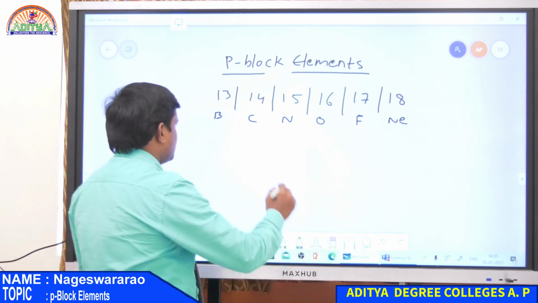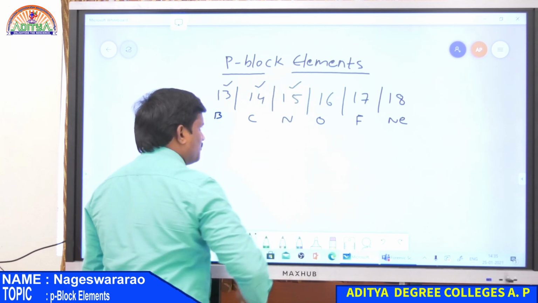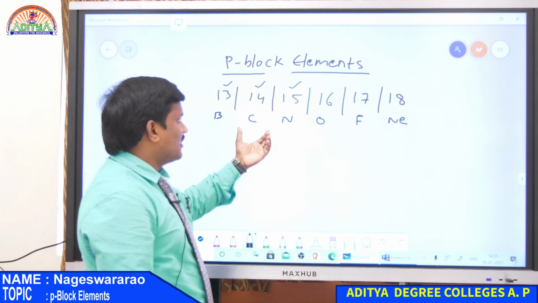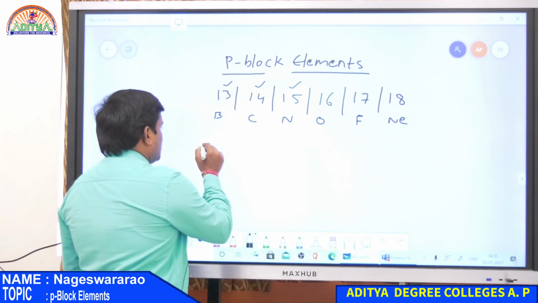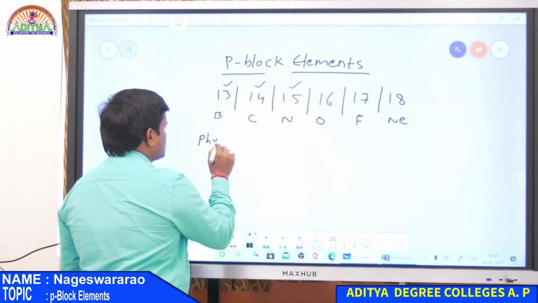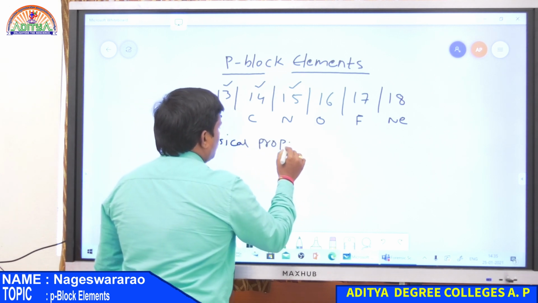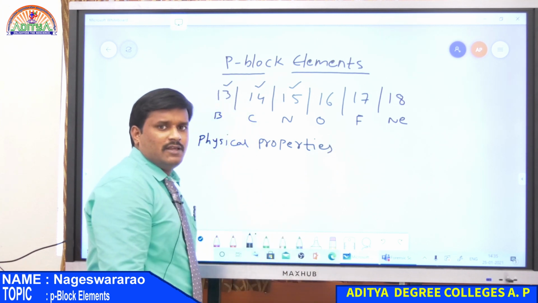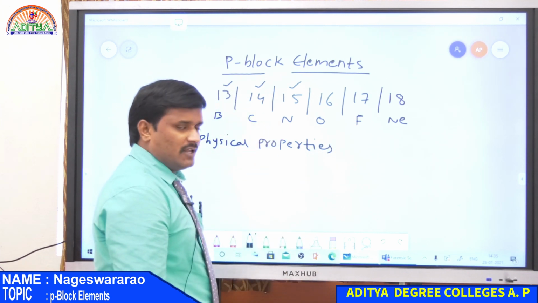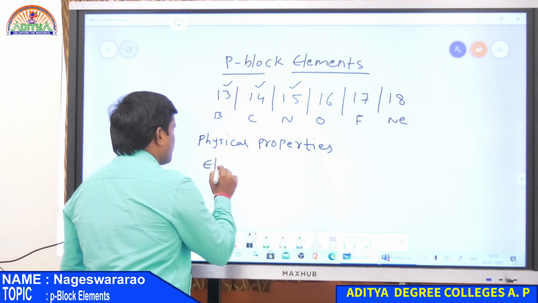So already discussed about 13th group, 14th group as well as 15th group. So what is the general electronic configuration of these groups and also what are the physical properties? We discussed the physical properties of all these elements, boron family, carbon family as well as nitrogen family, and also discussed about electronic configuration.